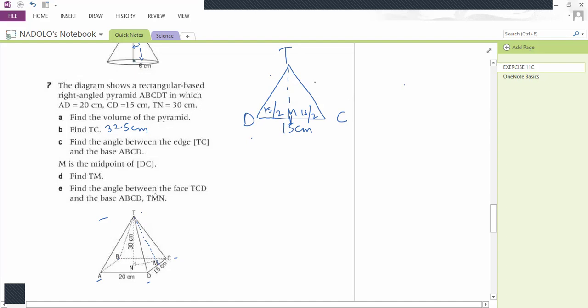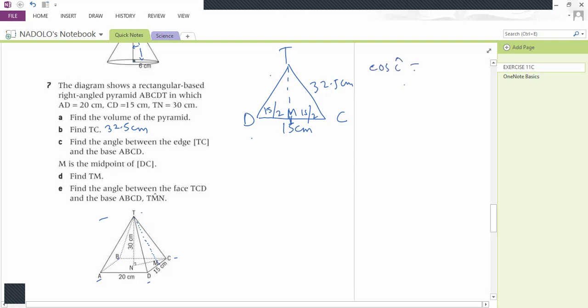Remember the value of TC, 32.5 centimeters. And we want length TM. So we also have angle C. So we can say tan, not tan, we will use adjacent and hypotenuse, so cos.